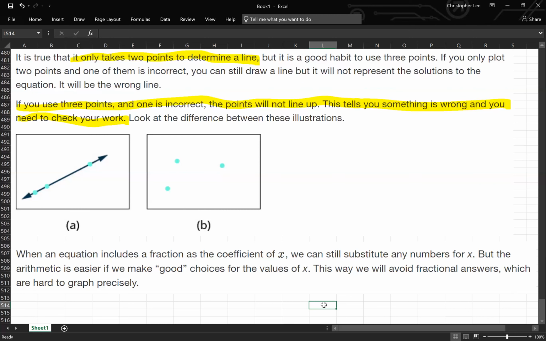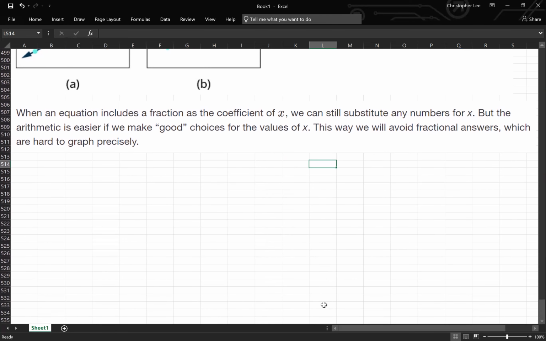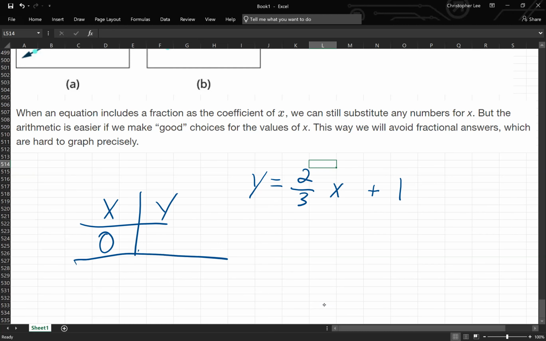Sometimes you might have a fraction, right? Like let's say, I'm just going to make up something real quick. Let's say I have y is equal to 2 over 3 x plus 1. Just keeping it simple, right? If I wanted to choose an x value here, obviously, you know I'm going to choose 0. You already know, right? But another x value that I could choose that would be really nice here would be 3 over 2.